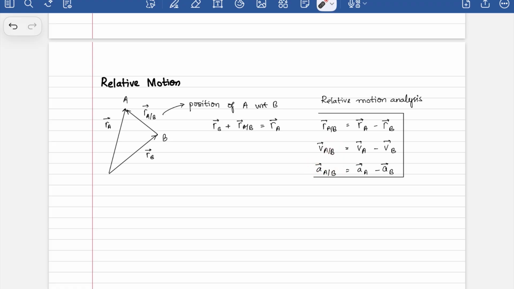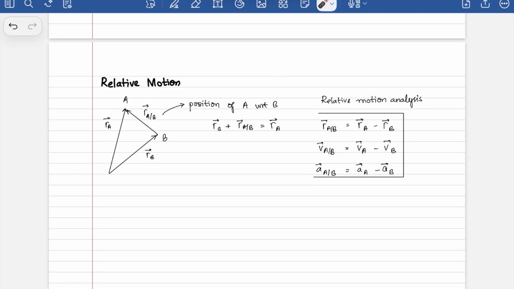So based on your reference system, if it was B and B has its own acceleration or velocity, then these sets of equations can help you to account for that when you extract information about the velocity or acceleration of A.